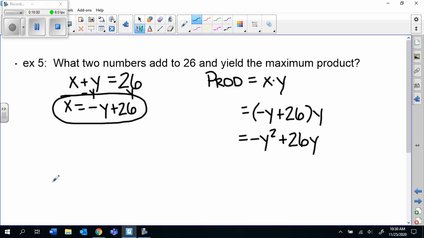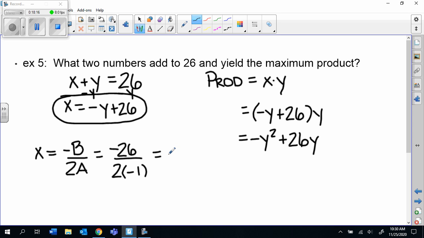And now we're ready to go to the shortcut. X equals negative b over 2a. So negative 26 over 2 times negative 1 will give us a positive 13.